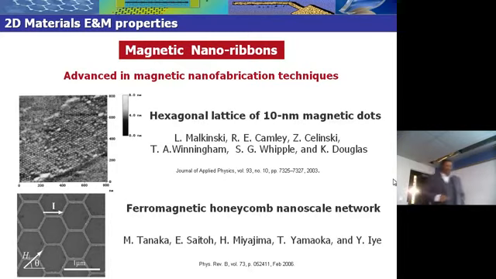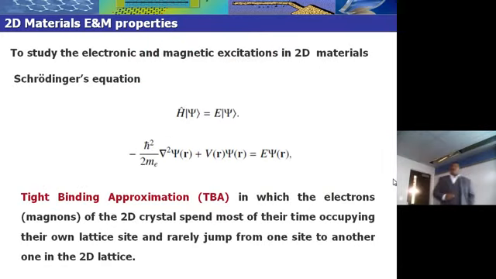They study their properties, for example here, a fabricated ferromagnetic honeycomb nanoscale network. This means that most people in hot research in graphene and in magnetic material try to focus on making two-dimensional material that replaces silicon and gets new properties that allow us to extend Moore's law and have a lot of applications.